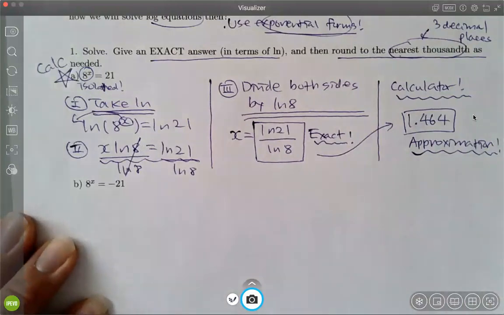Or it could also say, write the exact answer and write the approximation up to several decimal places. So look at the possible instructions. And this is the fourth calculator problem.